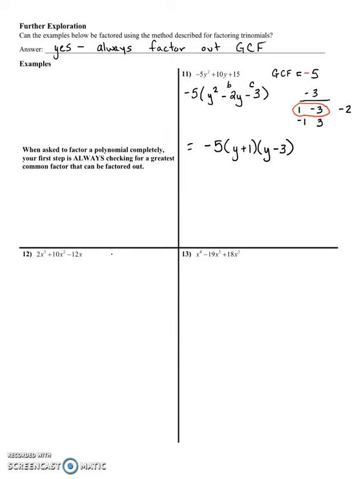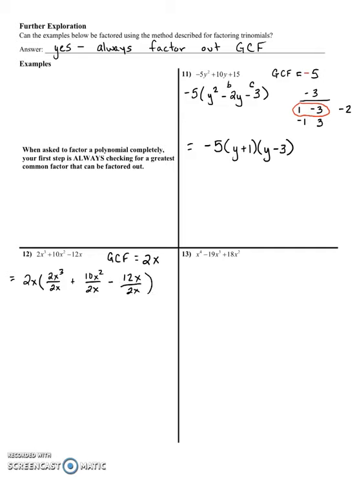Number 12, our GCF is, let's see, all the coefficients are divisible by 2, and we also have an x as part of our GCF. So if we factor out a 2x, that leaves us with, remember we have to divide every term by the GCF, so I'll actually write this one out so we can see how it goes. It's 12x over 2x.